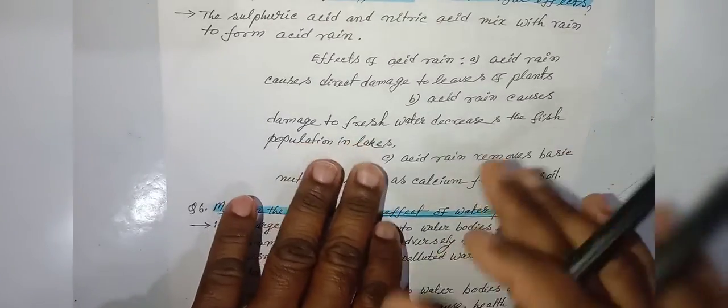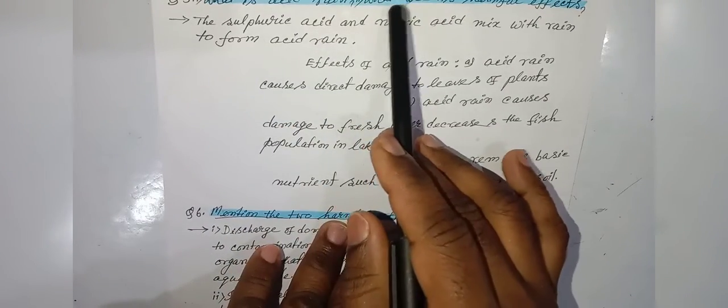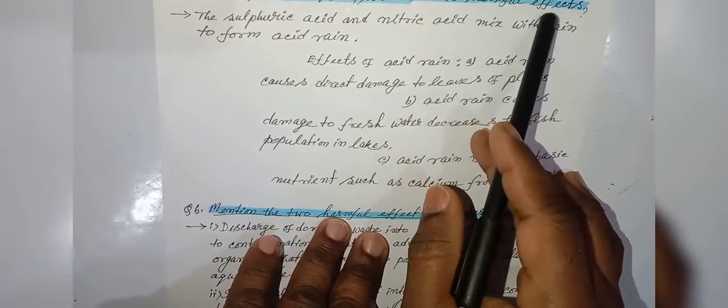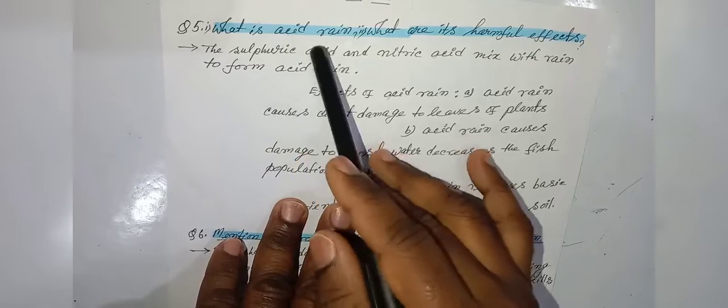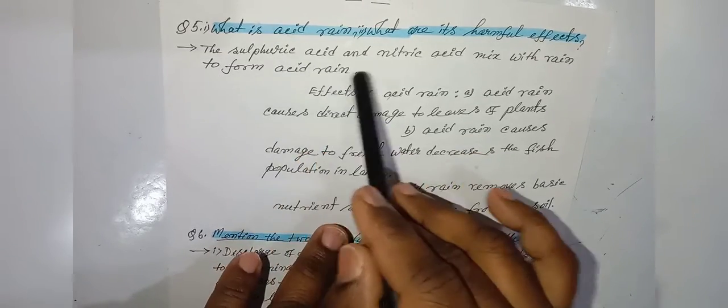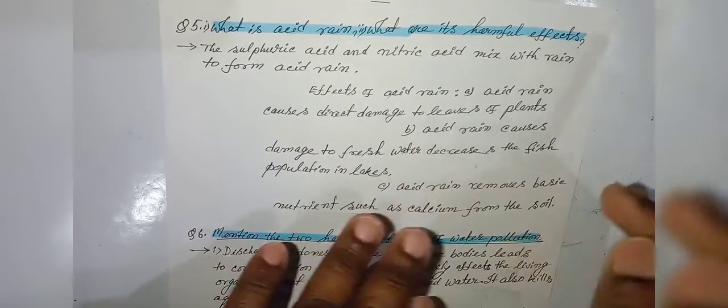Next question. What is acid rain, and what are its harmful effects? First question, what is acid rain? Sulfuric acid and nitric acid mixed with rain form acid rain.